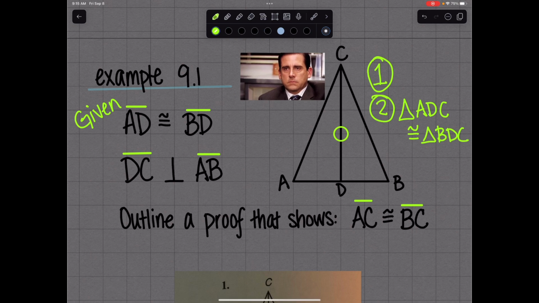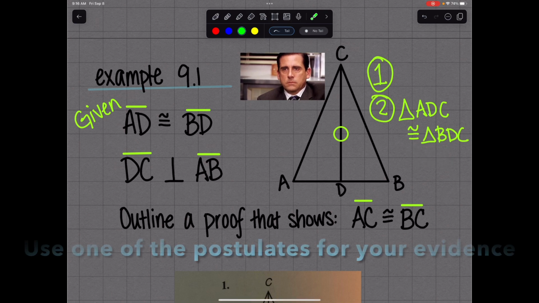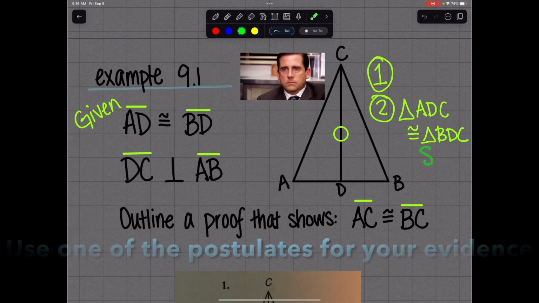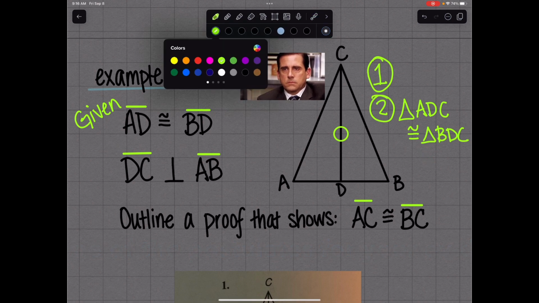Let's make sure that we got those angles correct. So A goes with B, and then D, and then C. Okay, so that's fine. Why are those triangles congruent? Our proof is SAS.